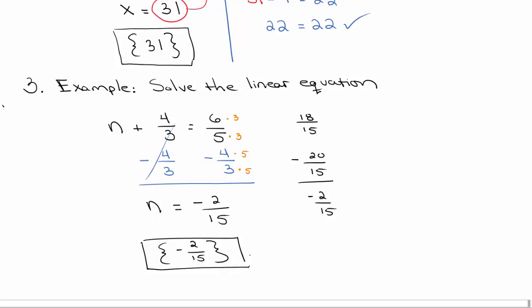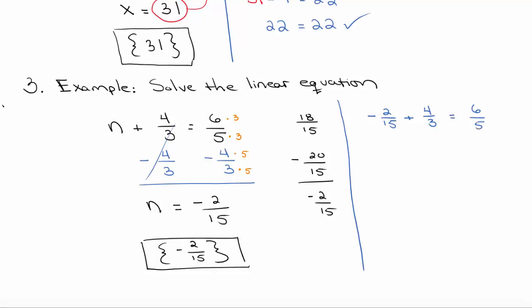Just to be on the safe side, we should always check our work. Make sure that this is the correct answer. So we're going to go back for n, and we're going to substitute -2/15 for n. And now we're going to add 4/3 to that and see if that's actually equivalent to 6/5.